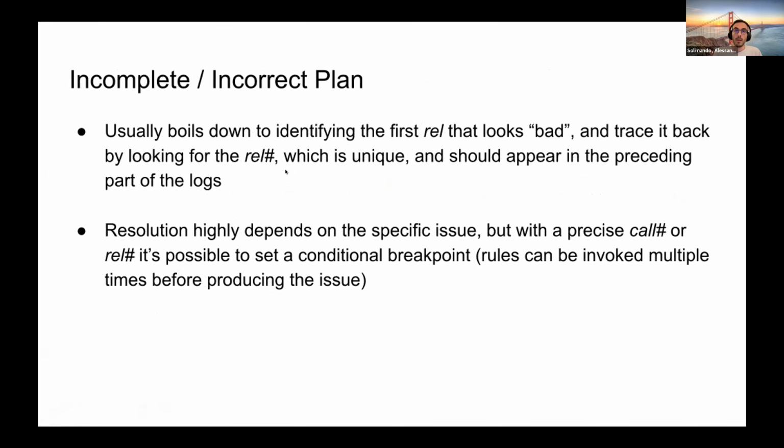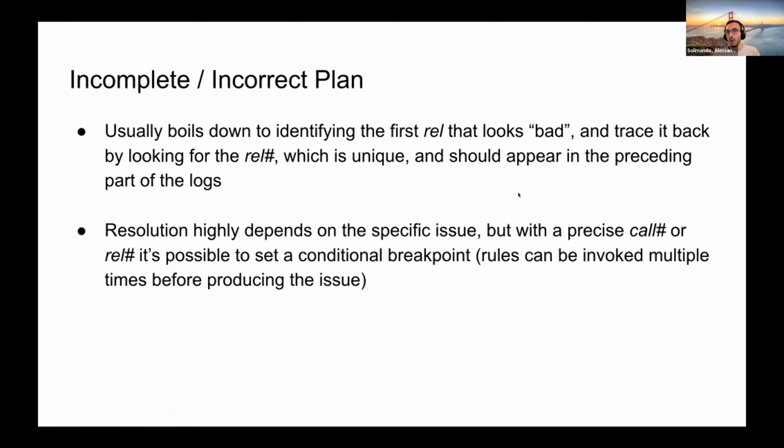By looking at the rel number that we have seen is printed in the logs, we can trace it back to the part of the logs where this rel is produced, and also understand which rule is producing it and at which call. At this point, the resolution of the specific issue highly depends on the nature of the issue itself, so there is no magic formula here.